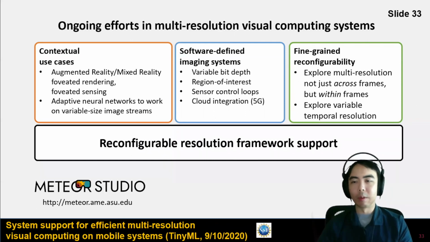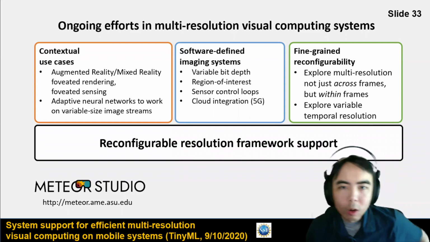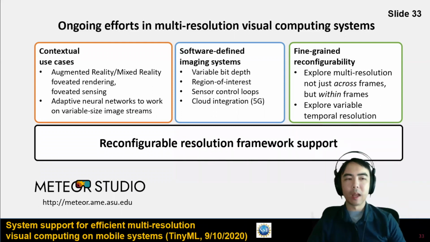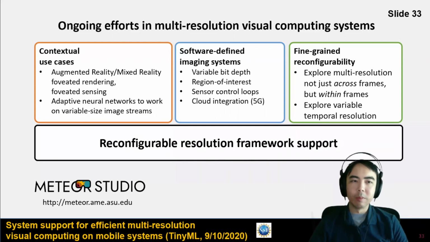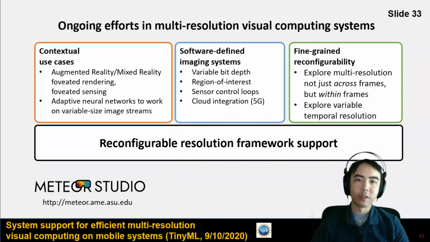With Suren, actually, I'm collaborating with him on software-defined imaging systems. He has a great tinyML talk from 2 weeks ago. So if you pull that up, you can learn more about that.